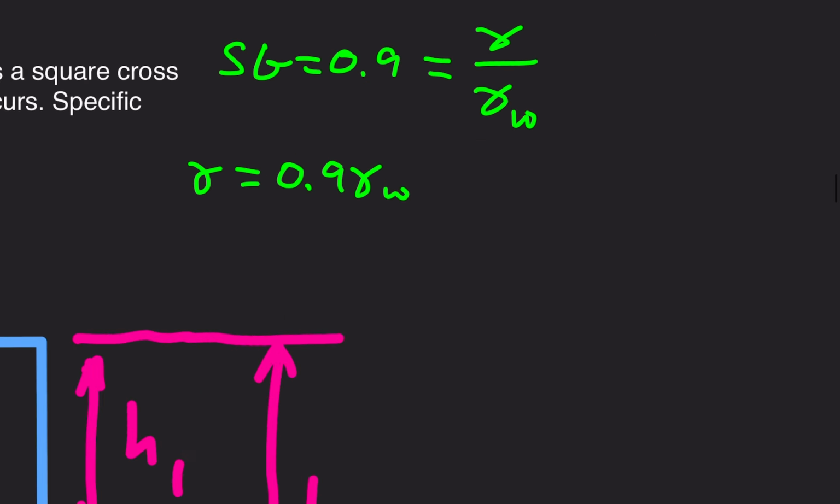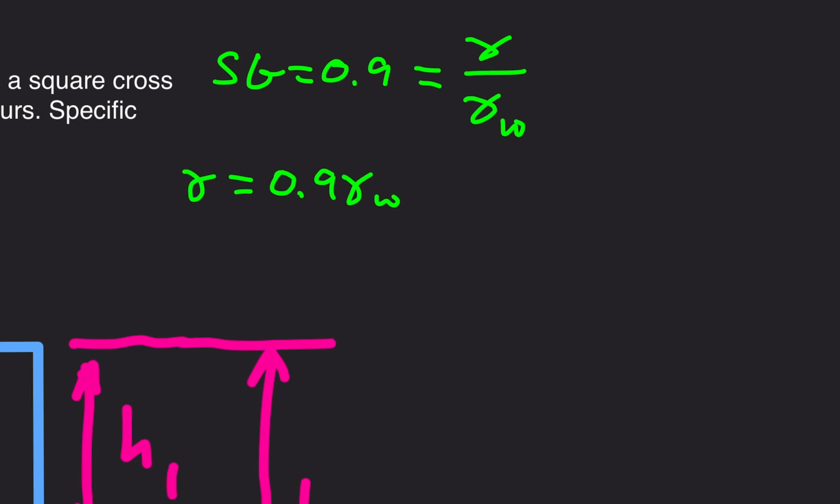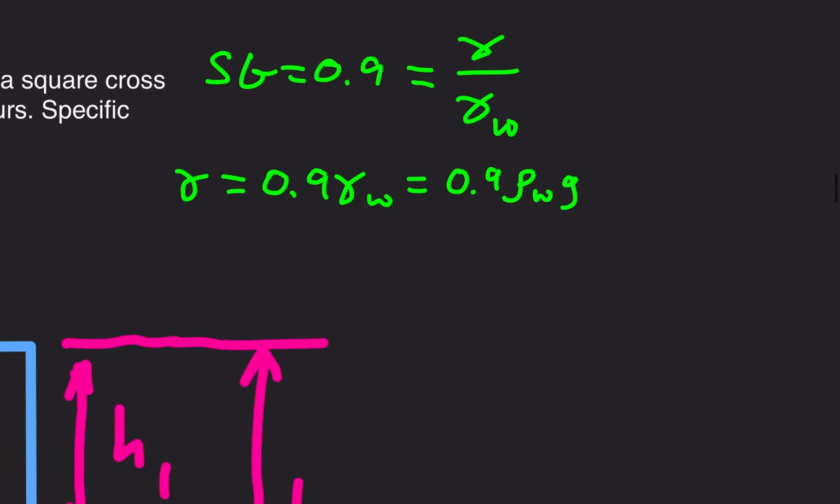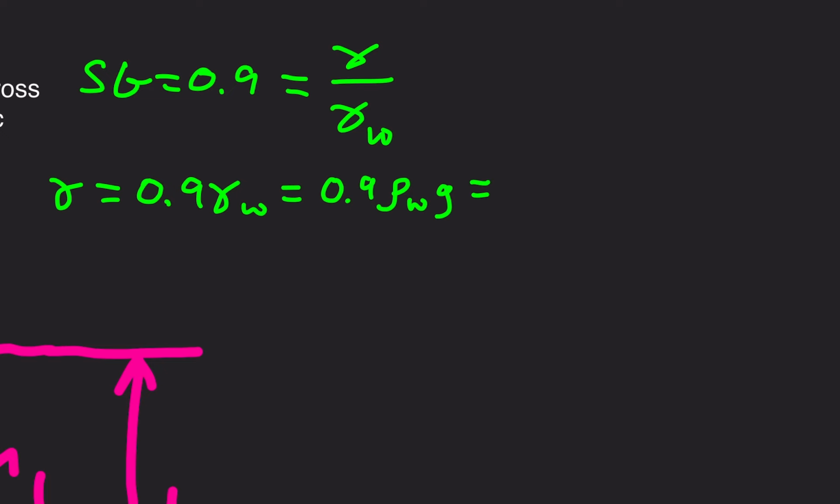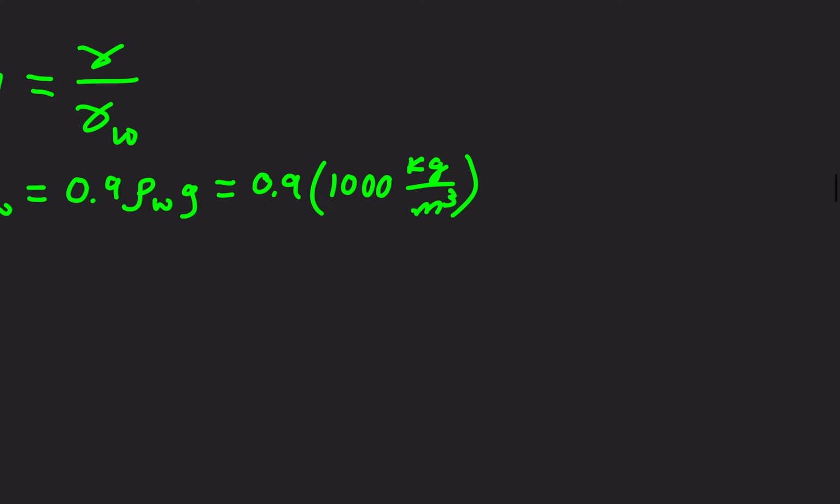Let me be clear. Specific weight is equal to 0.9 times the specific weight of water, which is equal to 0.9 times the density of water times gravity. I know the density of water in these units, approximately 1,000 kilograms per cubic meter times 9.81 meters per second squared, right?